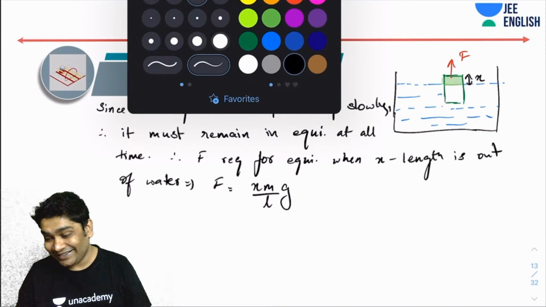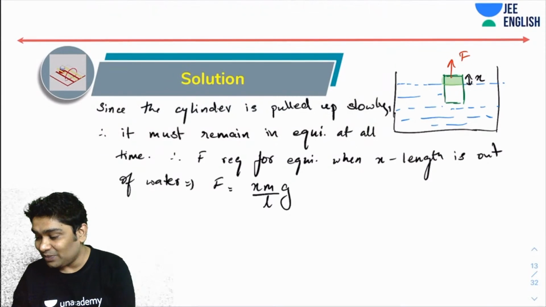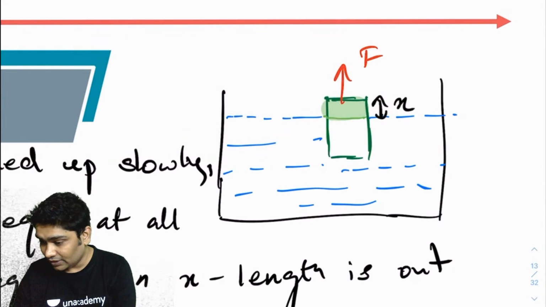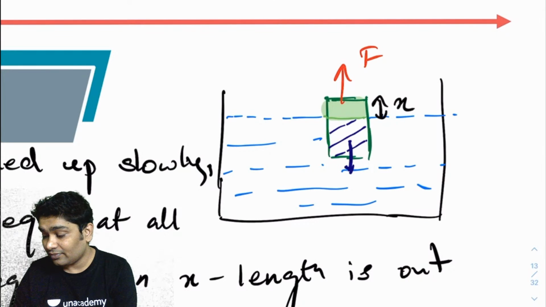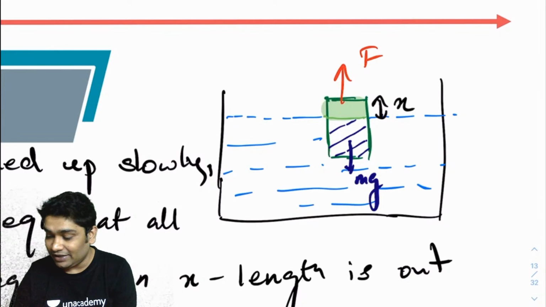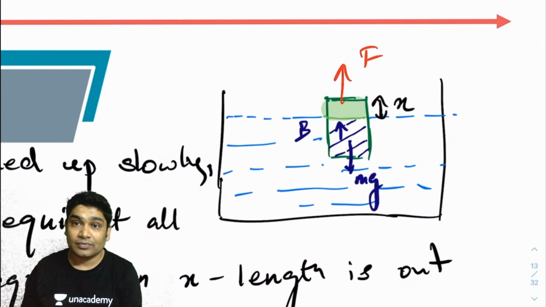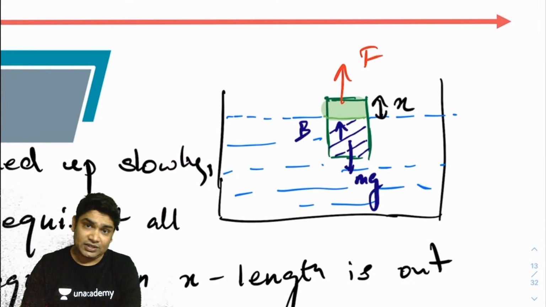Draw the forces for this part. For this part, you will have the total mg, F, and then you have a buoyant force. These are the three forces.